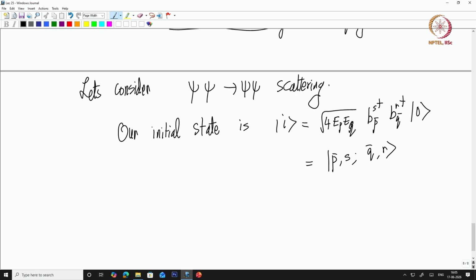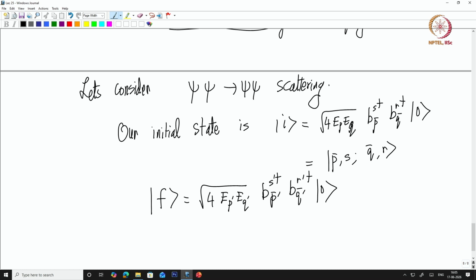Now, if we exchange these two, you will get a minus sign, if you remember that, but we will not worry about that. The final state will be 4 E_P' E_Q', the same thing: b_P-bar' S' dagger, b_Q-bar' R' dagger, all acting on the vacuum.